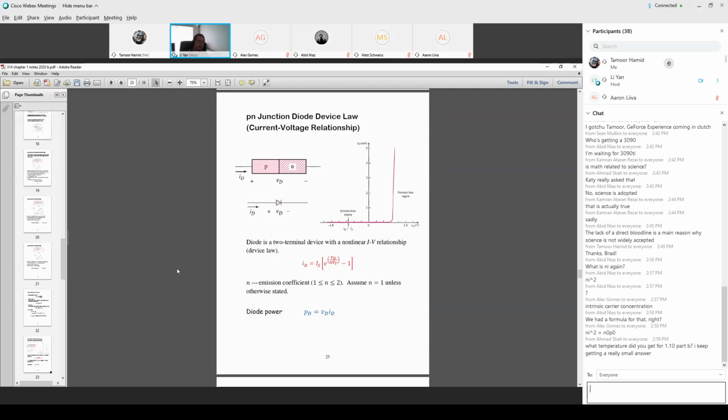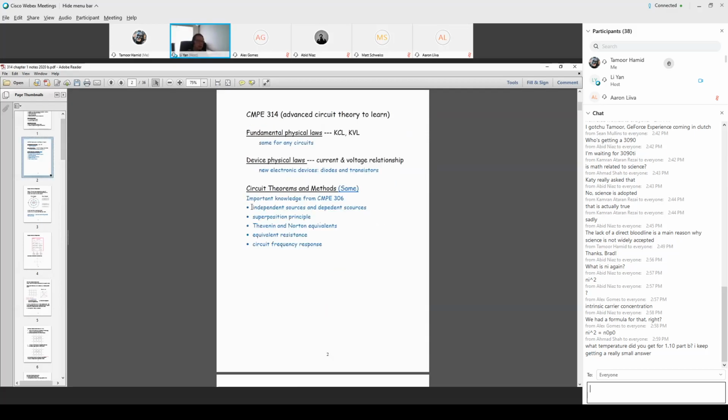Remember, on the first day, in the second diagram, I said that in 314 we will keep using the same Kirchhoff law, but we will learn new device laws.